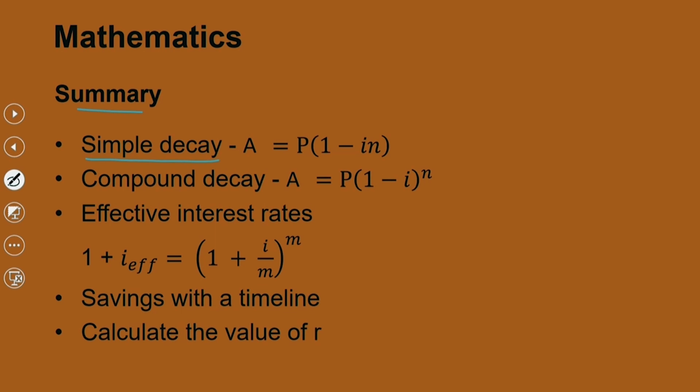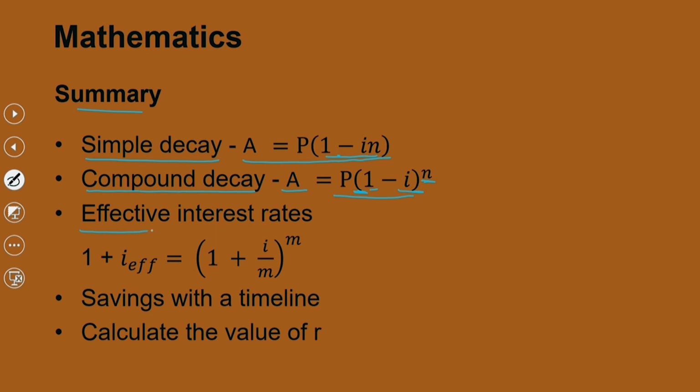In our summary, we did simple decay, where A is equal to P, open bracket 1 minus i times n, close the bracket. We also did compound decay, where A is equal to P, open bracket 1 minus i, close the bracket, everything to the power of n.